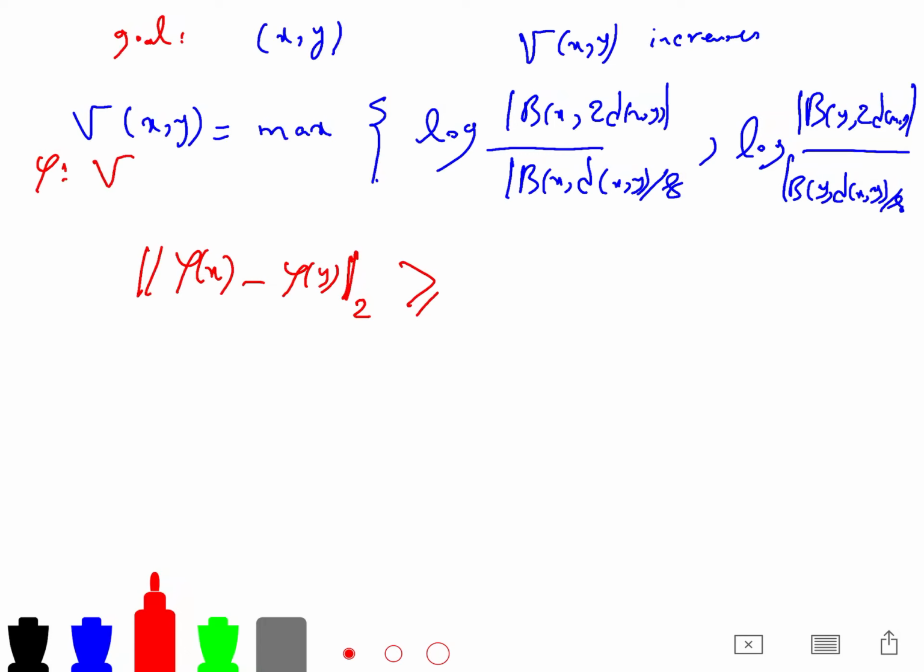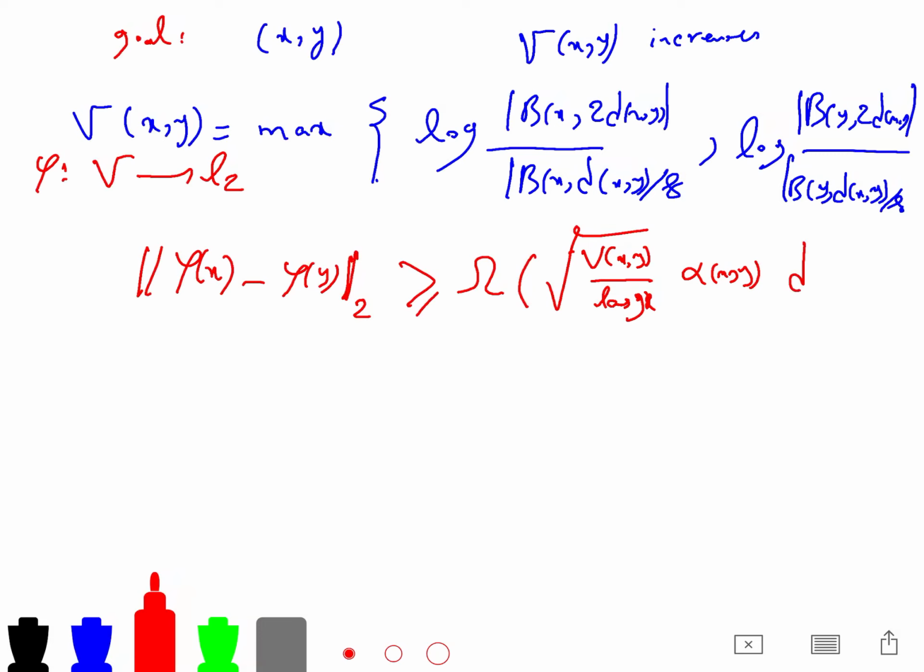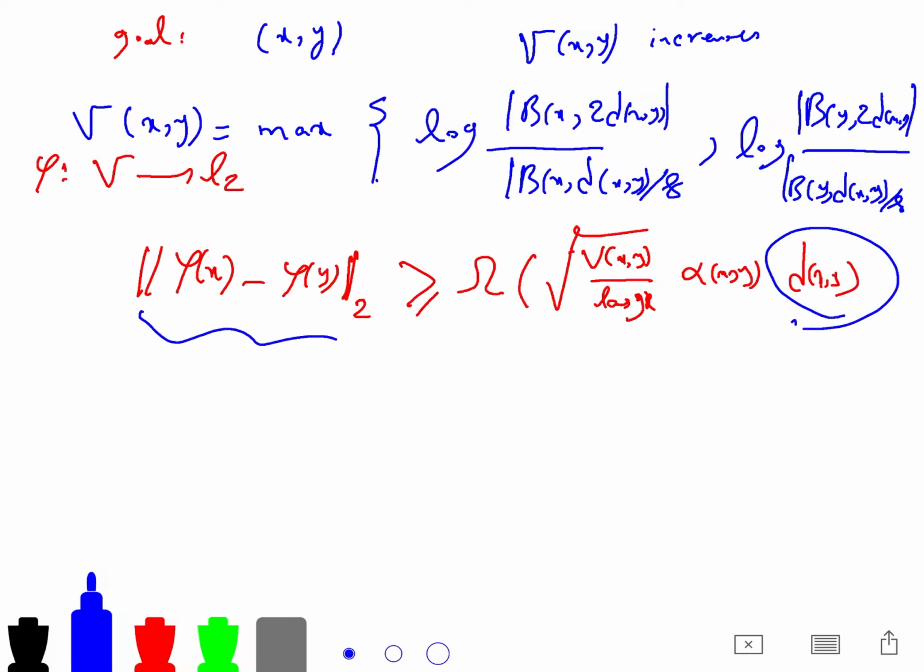As I said, phi goes from v to L2, and this is greater than omega of v of x and y over log k alpha of x and y d of x and y. So you see how contracting it is, because this factor contracts the distances.